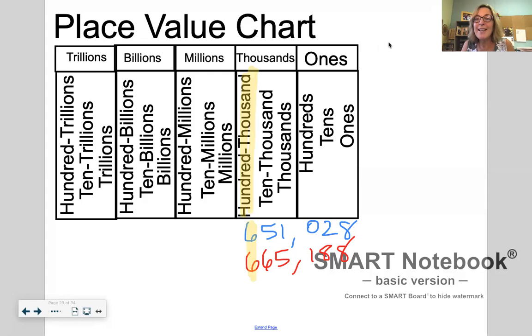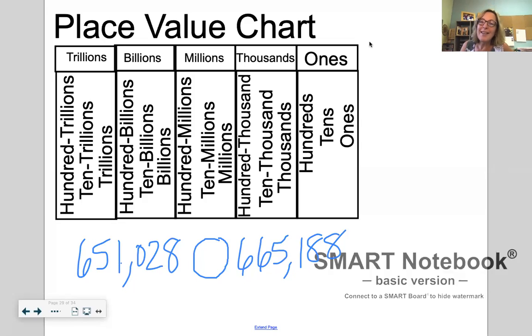So far we can't tell which one is greater because they have an equal number of thousands. So let's go on to the next place then. The next place would be 10,000s. So you can see the first number has 5 10,000s and the second number has 6 10,000s. So the one that has the more 10,000s is going to be the larger of the two numbers.